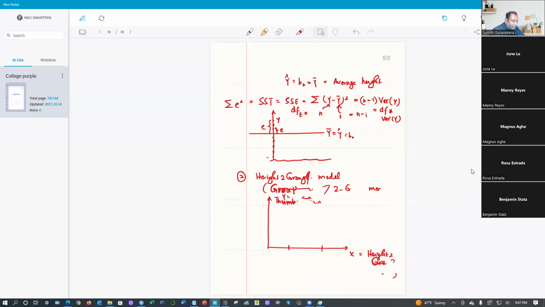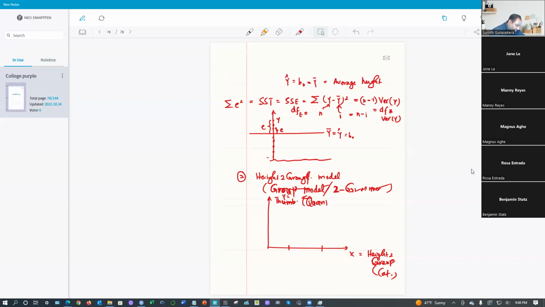Two group model. Length is quantitative.